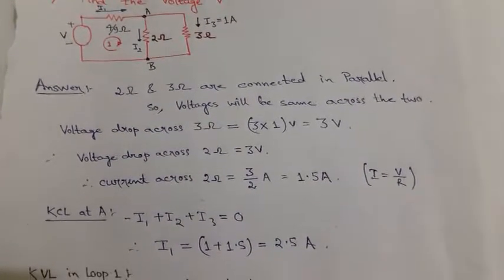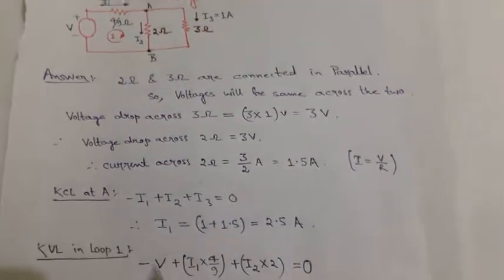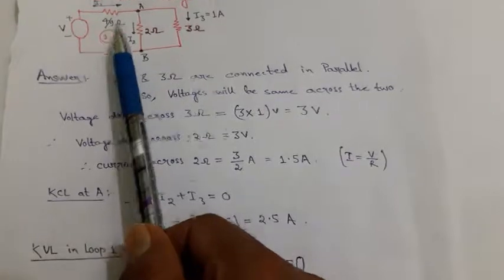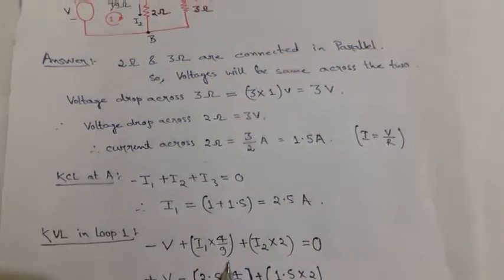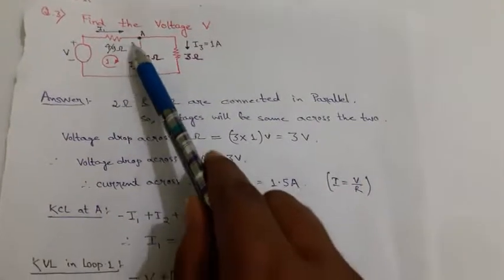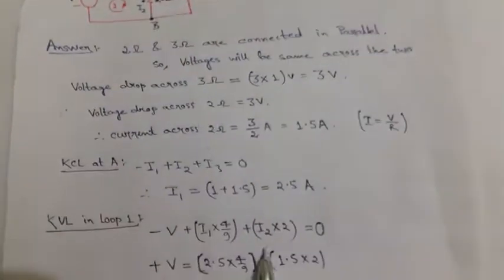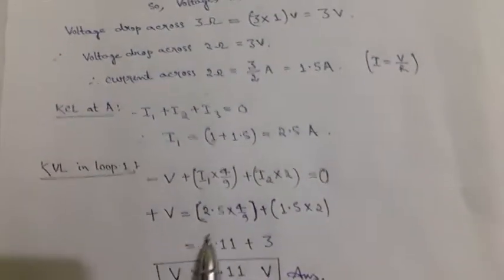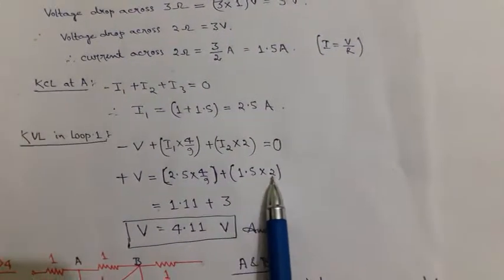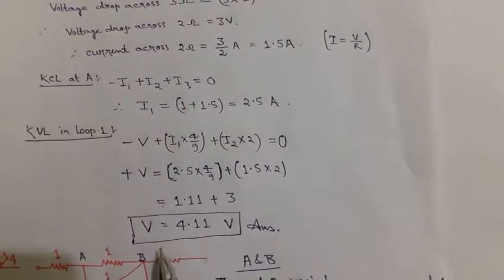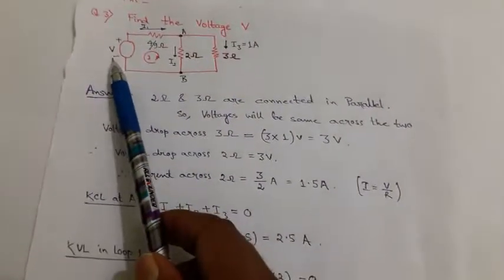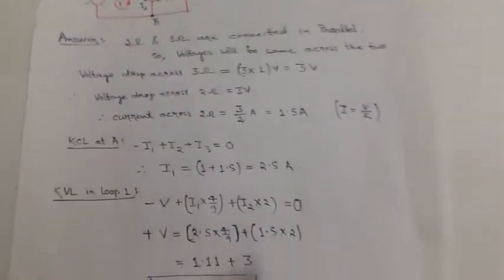So minus V plus I1 into 4 by 9 ohm, that is I1 into 4 by 9, plus I2 into 2 ohm, so I2 into 2, is equal to 0. So V is equal to 2.5 into 4 by 9 plus 1.5 into 2, that is 1.11 plus 3, which is equal to 4.11 volt. So this voltage V is equal to 4.11 volt.